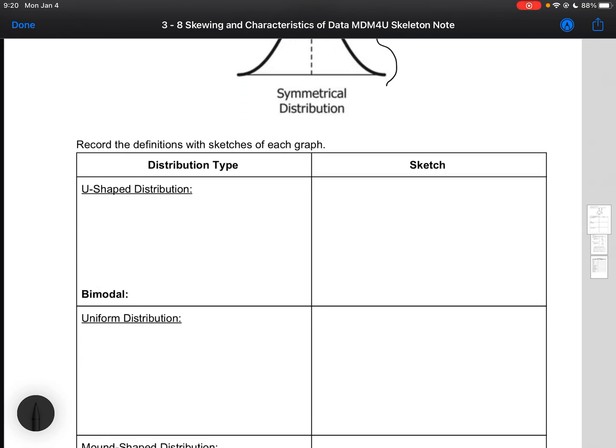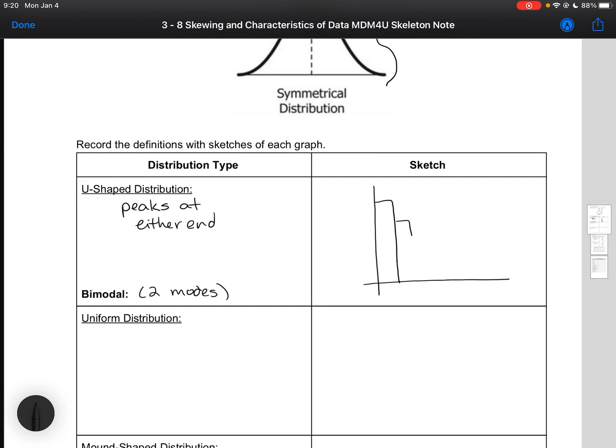symmetrical distribution. So the first one is a U-shaped distribution, and it has peaks at either end, and it's bimodal, which just means that it has two modes or two most common numbers. And this graph would look something like this.